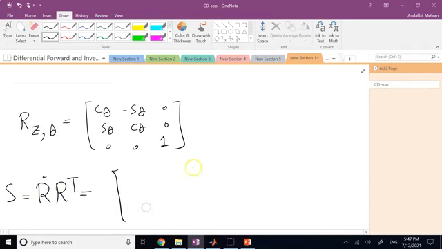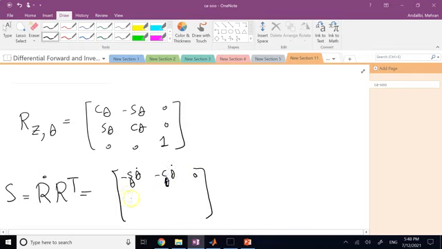So first take the time derivative. Time derivative of a matrix means time derivative of each entry. What is the time derivative of cosine theta? Well, based on your knowledge of calculus and applying the chain rule, it is going to be negative sine theta times theta dot. This is going to be negative cosine theta, theta dot.